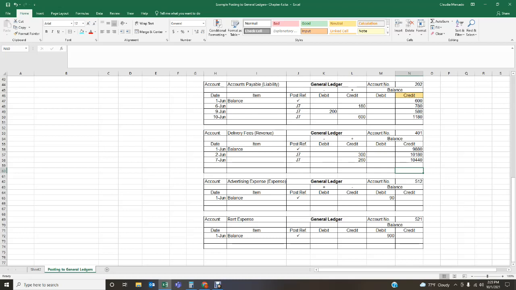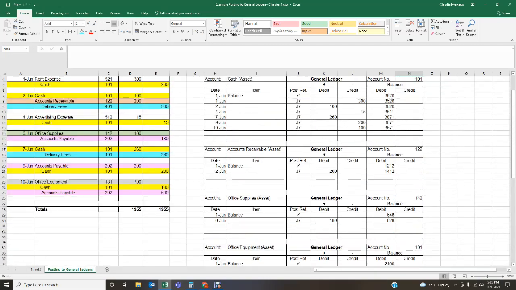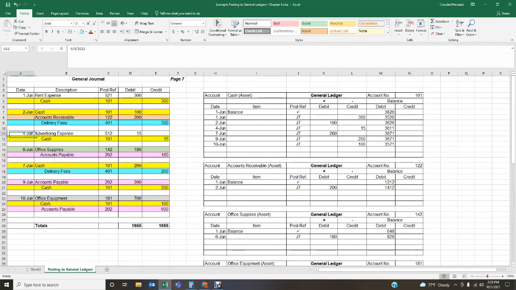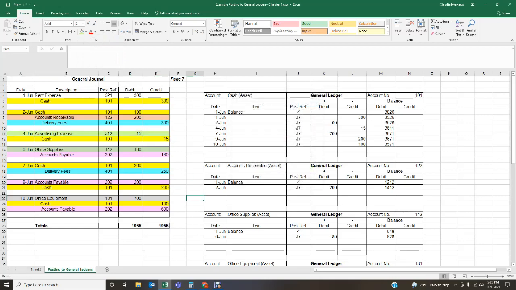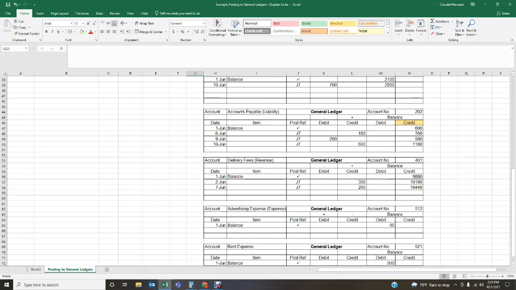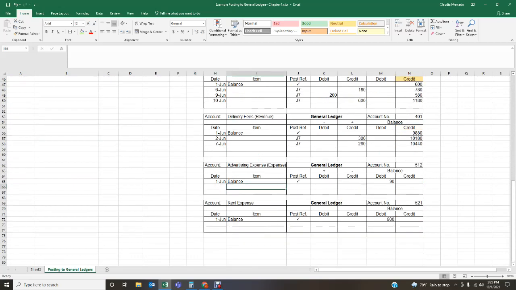I have a beginning balance of $90, okay? Now let's go look for account number 512, advertising expense, okay? 512, I have advertising expense right there. Okay. So I've got advertising expense, debit of $15 on June the 4th. Okay. So June the 4th, this is journal 7.